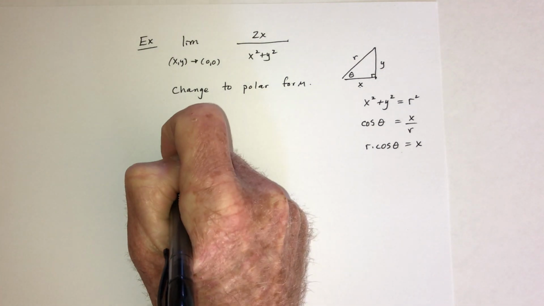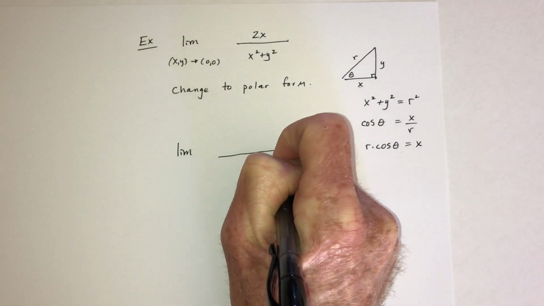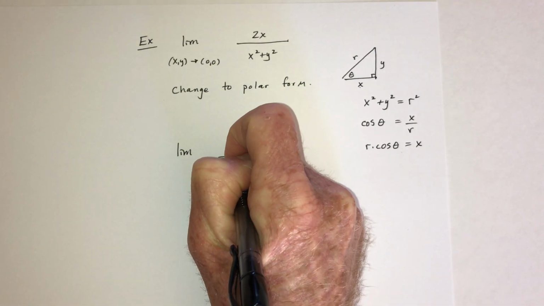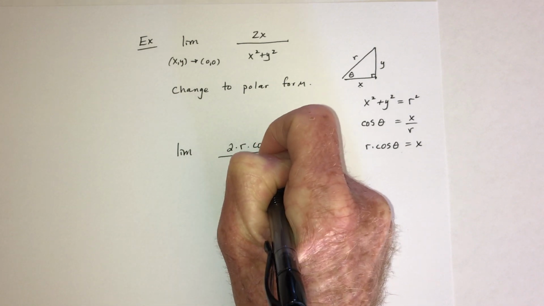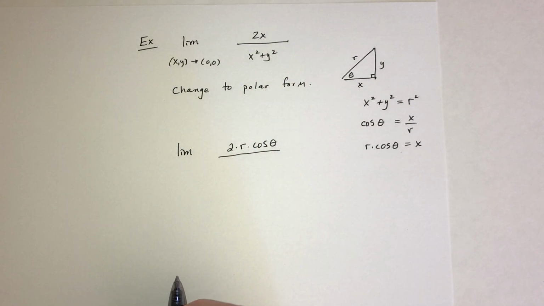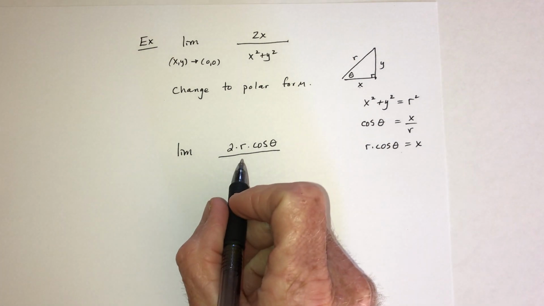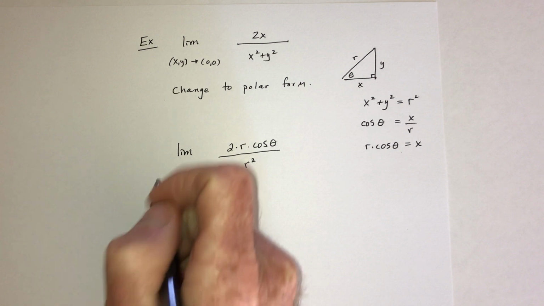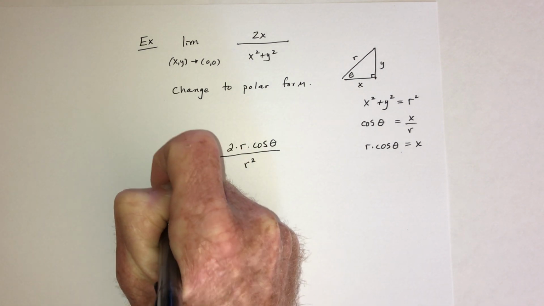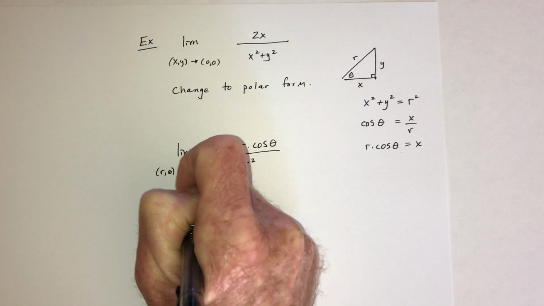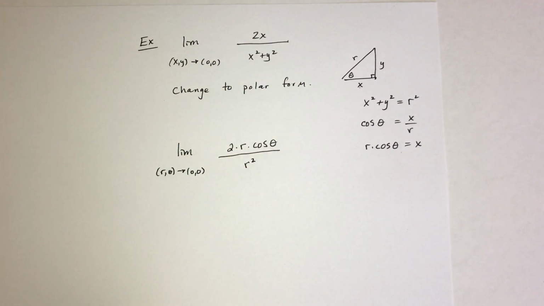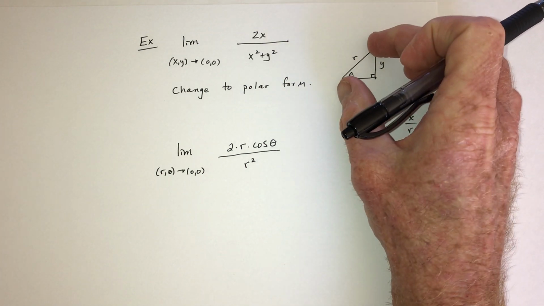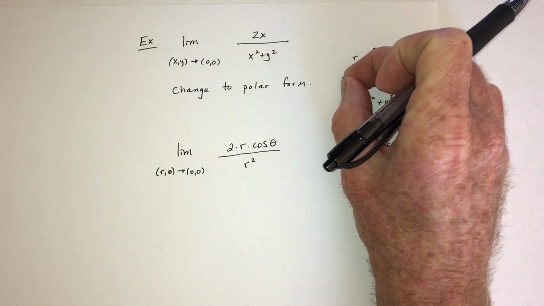Okay, so then we would have the limit, and on the top it's going to become 2 times x, so 2 times r times cosine theta, and on the bottom x squared plus y squared is r squared, and then this would be as r and theta go to 0, each one, because again, if x and y are going to 0, this triangle is shrinking down until it becomes just a dot.